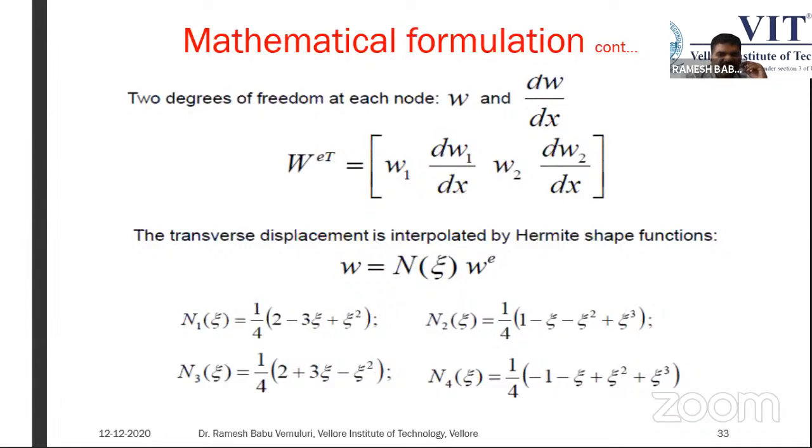Then N1 of zeta is 1 by 4 times (2 minus 3 zeta plus zeta cube), and N2 of zeta is equal to half of (1 minus zeta minus zeta square plus zeta cube). N3 of zeta is equal to 1 by 4 times (2 plus 3 zeta minus zeta cube), and N4 of zeta is a function of zeta, 1 by 4 times (minus 1 minus zeta plus zeta square plus zeta cube).